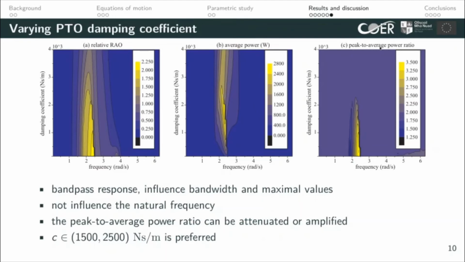For the peak-to-average power ratio, it can be amplified or attenuated. To make a balance, we can say that this region is preferred. We can have a large RAO and a large power capture, but the peak-to-average power ratio is not amplified too much.